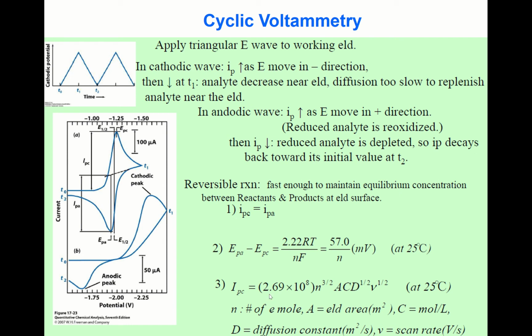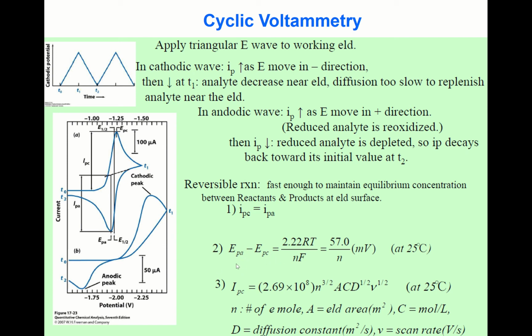Okay, and this peak potential also gives you some information. Here, this peak cathodic current at the potential is called EPC, the peak cathodic potential, and on the returning scan, here is a peak. There is a peak anodic potential, EPA.